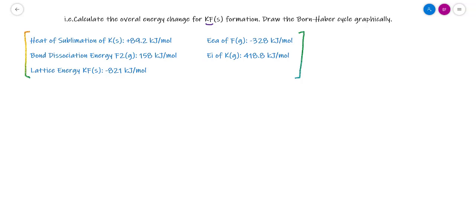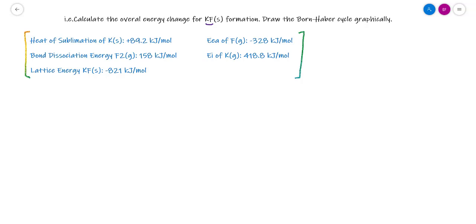So we've got the heat of sublimation of potassium solid, so that's the energy required to turn solid potassium into gaseous potassium. Bond dissociation energy of fluorine gas, so that's splitting that bond, just like we did for Cl2 before. The lattice energy is that energy that you get from the electrostatic attraction of potassium ion and fluoride ion.